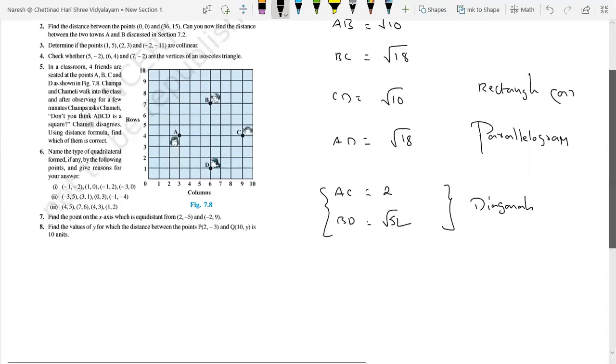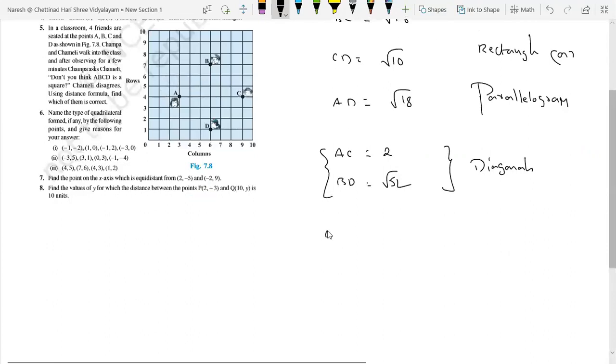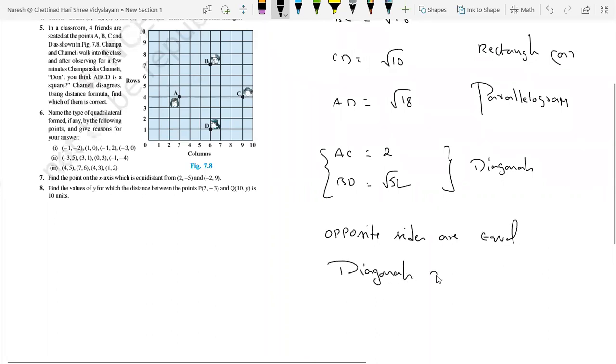So I can say opposite sides are equal and diagonals are not equal. So AB is equal to CD and BC is equal to AD.